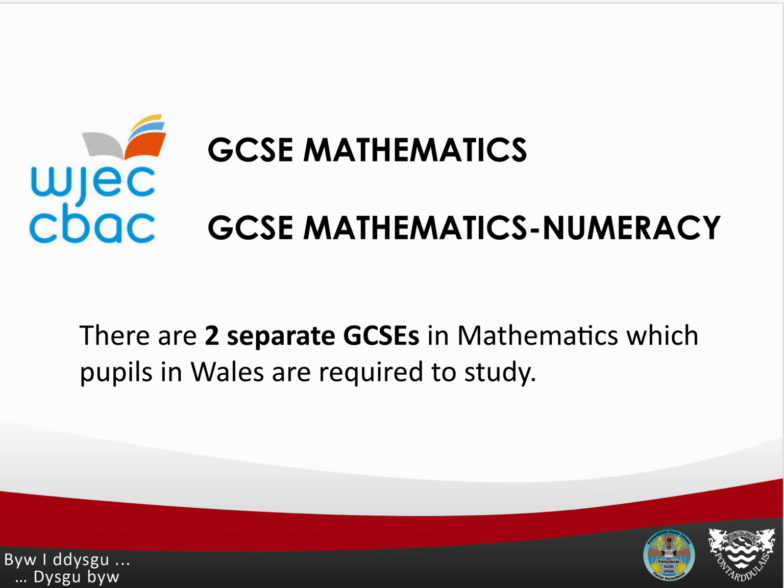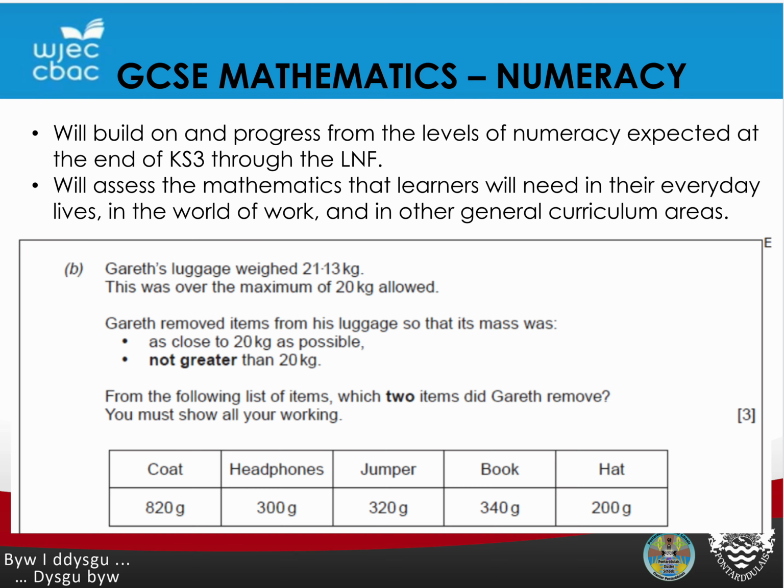For GCSE mathematics, nearly all of our pupils do study mathematics and mathematics numeracy, so they will get 2 GCSEs in mathematics as well. So the first thing, what is GCSE mathematics numeracy? Well, this builds on the literacy and numeracy framework that they have been completing from Key Stage 3, and it's also designed to try to give maths some sort of context.